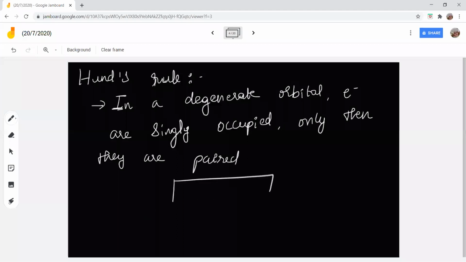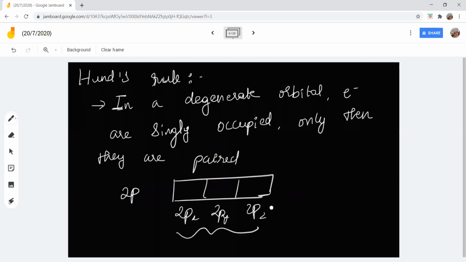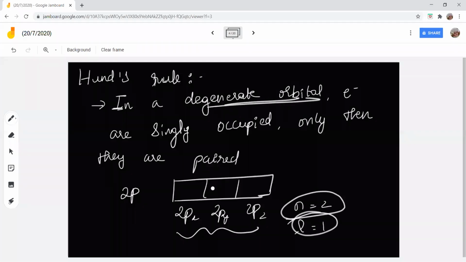For example, if I take 2p orbital, I represent it with three boxes: 2px, 2py, 2pz. All these three have same n value. N value for everyone is 2, L value for everyone is 1. So they have same n and L value. They have same energy. So orbitals with same n and L value are called degenerate orbitals.